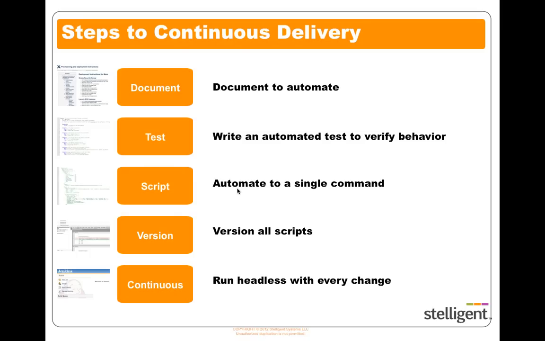I went over this briefly in the last webinar, so I'll just go over it very quickly here. These are the steps that we use to get to continuous delivery, and then we can talk about how it works in the context of a cloud environment or Amazon Web Services.